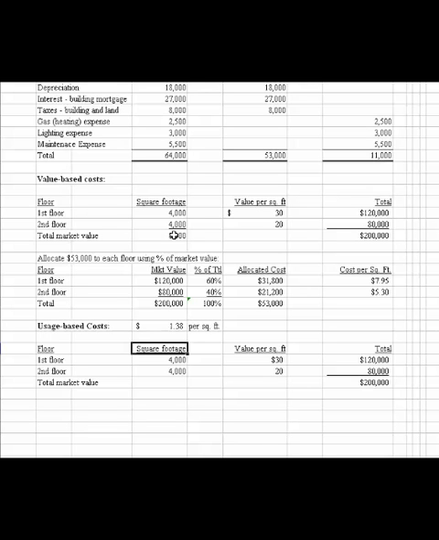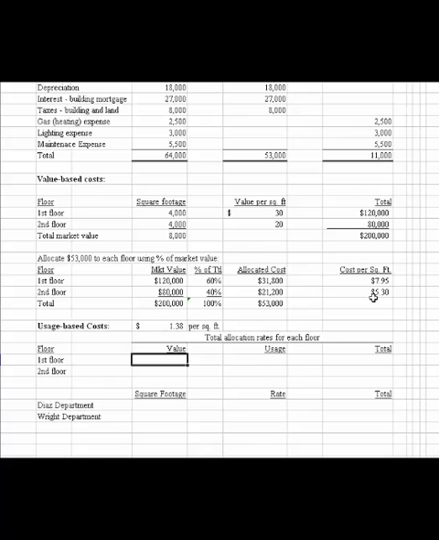Now, moving down, we then need to compute the total allocation rates for the floors. Okay, so instead of this being square footage, this would need to be value, this would need to be usage, and we could compute the total. Okay, let's now complete the numbers, and in making this short demonstration, I've typed a few things in ahead that you didn't get to see me type, like the total allocation rates for each floor.